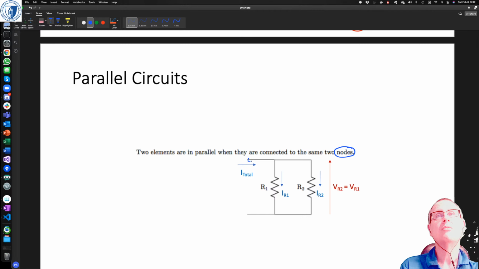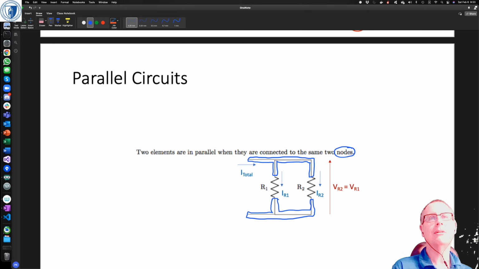Remember, a node is an area of constant voltage. There's a node, and here's a node as well. So there are only 2 nodes in this diagram, but there are 2 resistors connected between those 2 nodes.